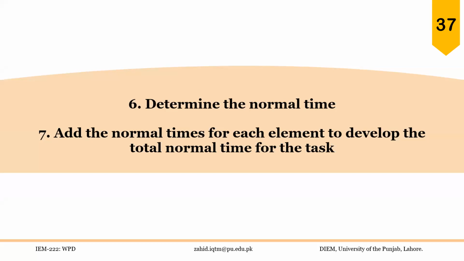So once you have found the average observed time and you have assigned the rating, then you have to multiply the two to find the normal time. And if you had divided the task into elements, then you have to add the normal times for each element to develop the total normal time for the task.